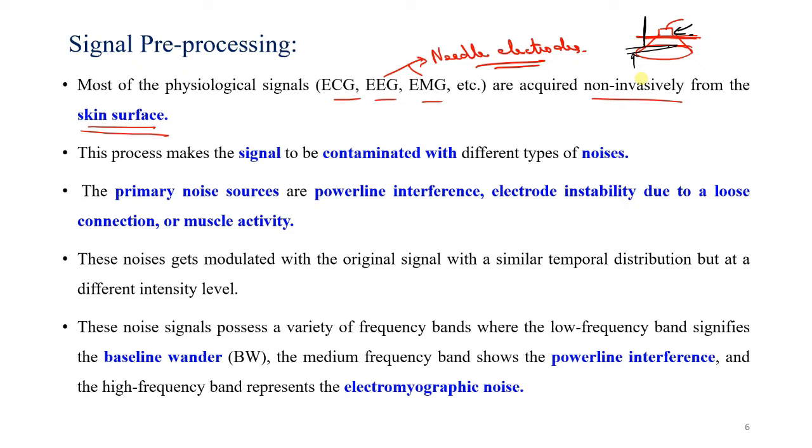Okay, biopotential signals. So under normal practicing conditions, medical practitioners usually acquire the signal in a non-invasive way. However, the needle electrodes, the invasive method, are used mostly in research institutions.